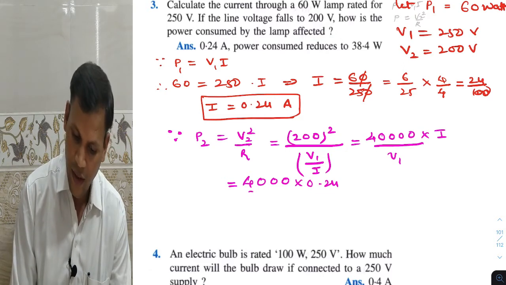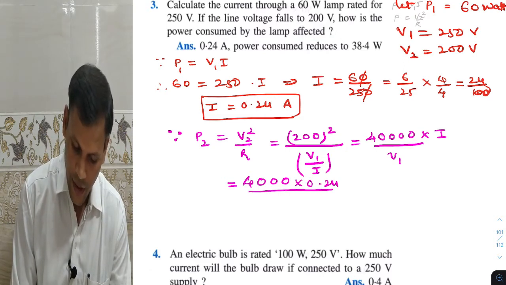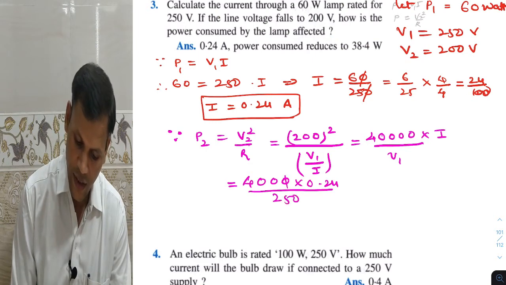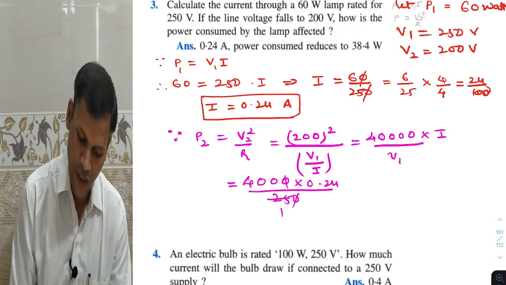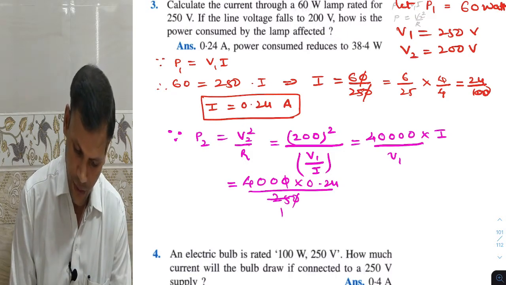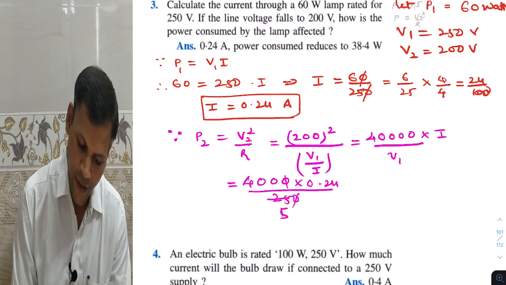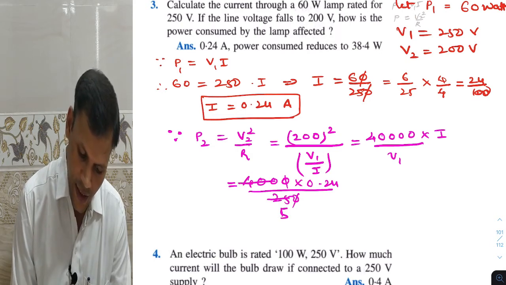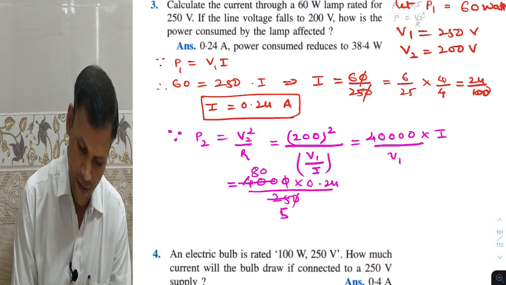What is V1? V1 is 250. So this cancels with this. 25 ones are 25, 5 से कैंसिल कर लें, 5 5s are 25, 5 8s are 80, 5 16s are 16 times.